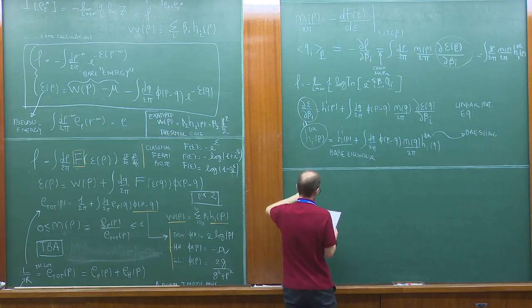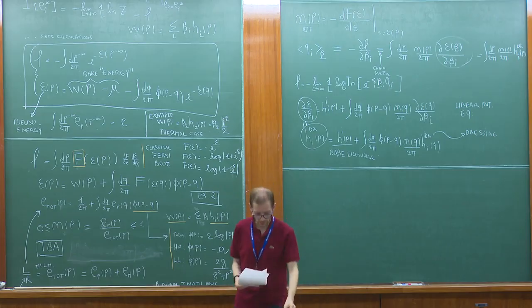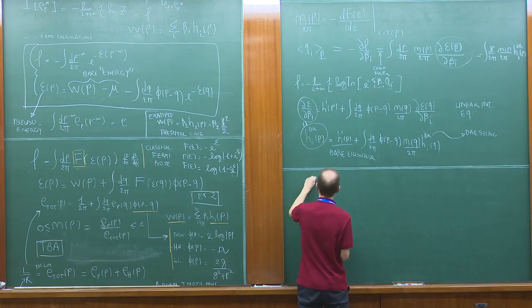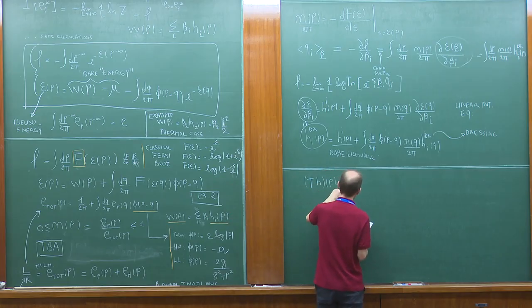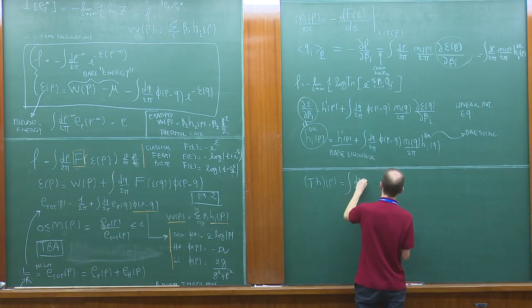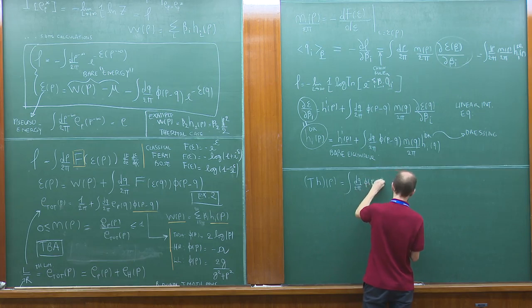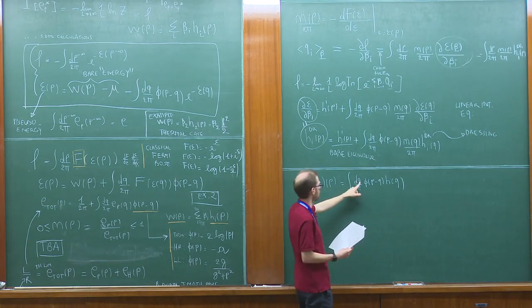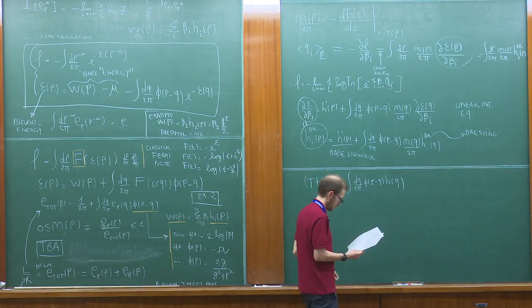This is a linear integral equation, so we can always introduce some integral operator. This is like a convolution. So T applied to h with the argument p is like a convolution over the index q of this function.